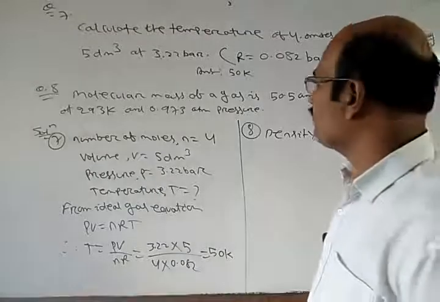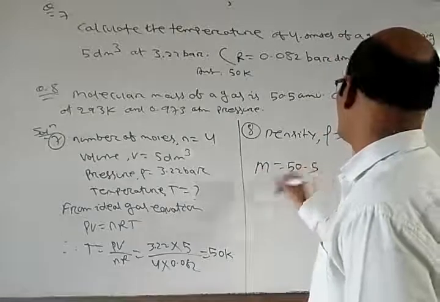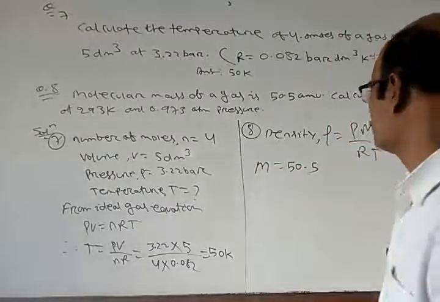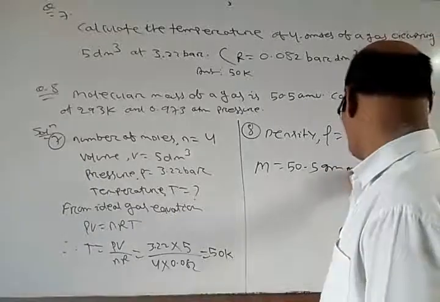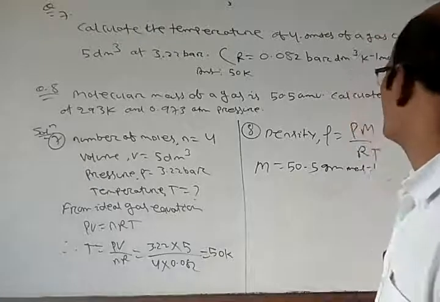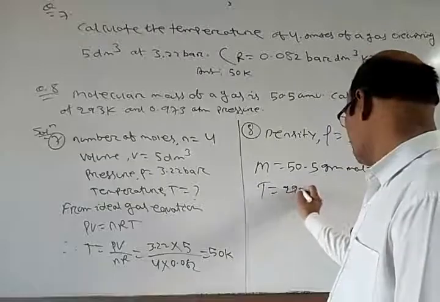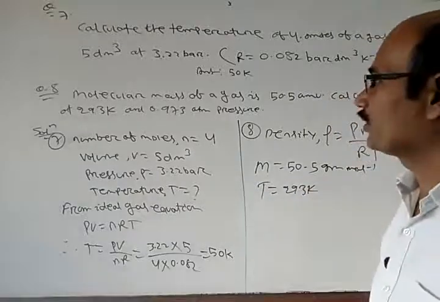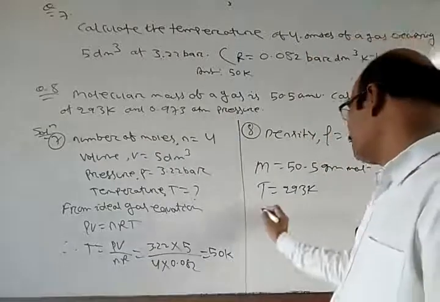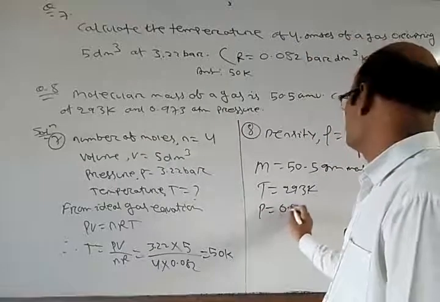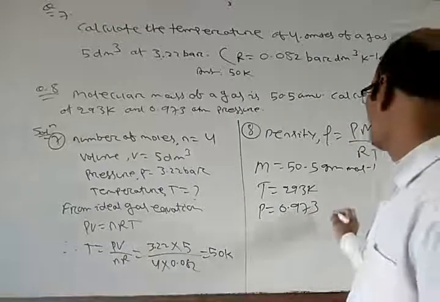So molecular mass of gas M equal what? 50.5 u, that is gram molecular mass, gram per mole. At 293 Kelvin, temperature T equal what? 293 Kelvin, and 0.973 atmospheric pressure. So P is what? 0.973 atmosphere.